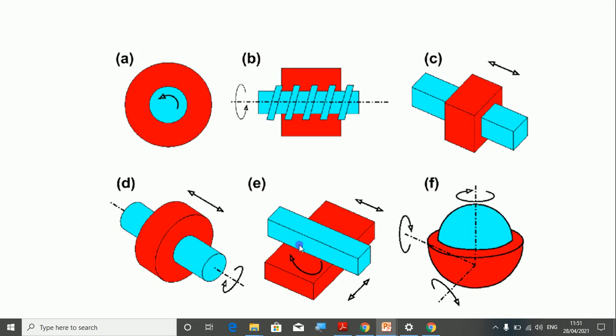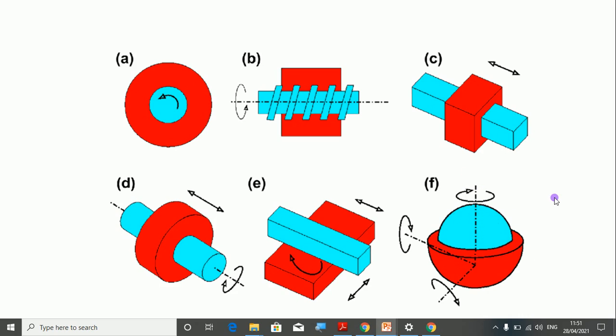This is sliding, correct, and you can also call it a lower pair. It comes under both a sliding pair as well as a lower pair, because this red color link and this blue color link have a surface contact. And finally this one is a spherical pair, correct, because there is a socket and there is a ball.